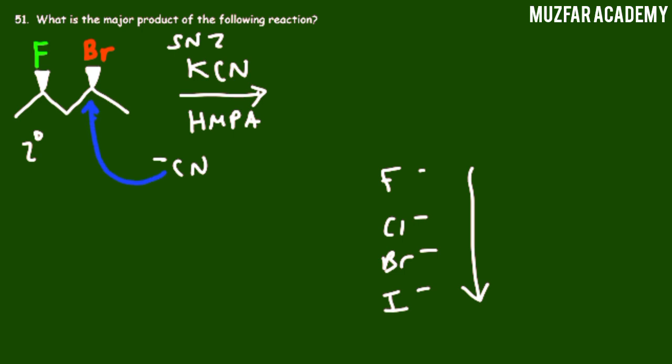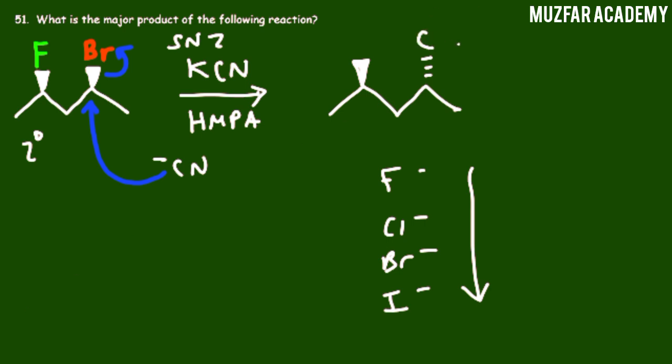So cyanide is going to preferentially attack the carbon with the better leaving group. So we're going to kick out the bromine, and we're going to get this. Now, because we're dealing with an SN2 reaction, we're going to have inversion of stereochemistry. Well, first I got to get rid of the bromine.